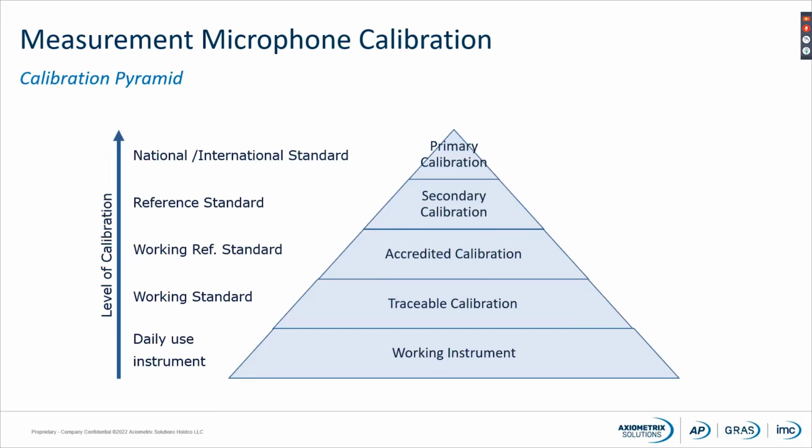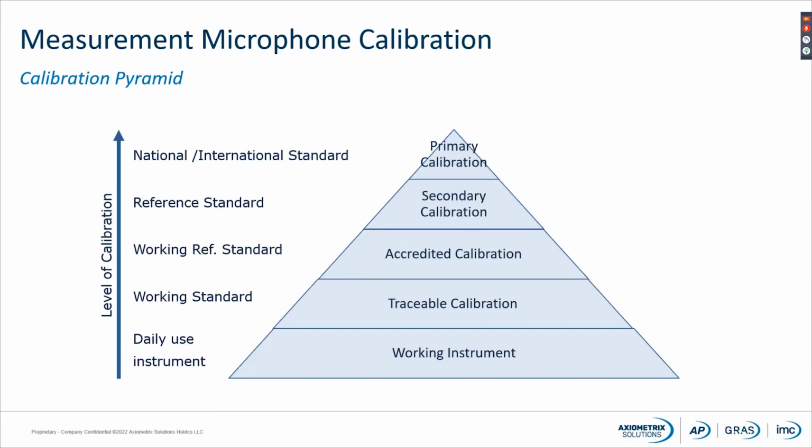The instruments used for doing calibration of the working standard have to be reference instruments, so they need an accredited calibration, a calibration with a better, more accurate uncertainty budget. The accredited calibration instruments are calibrated up against a reference standard, the secondary calibration.